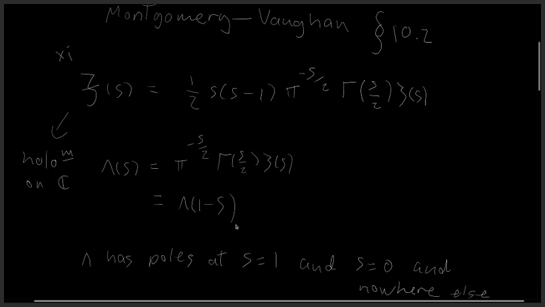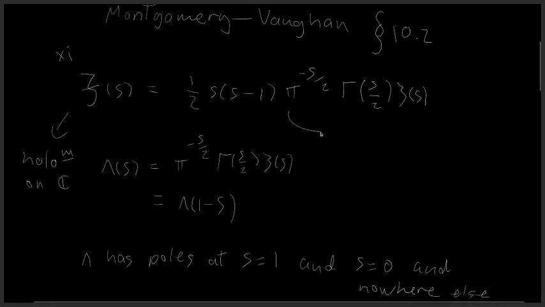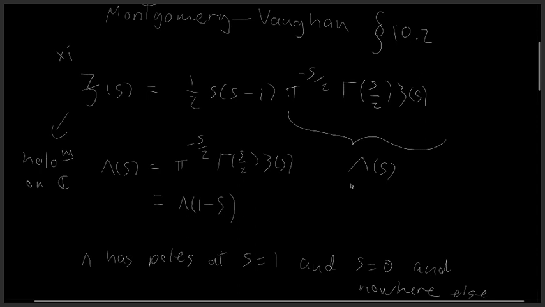And so the Riemann xi function also is important because it preserves the symmetry s goes to 1 minus s, right? You can see that this part here, this is your completed zeta function, lambda. So that's symmetric under s goes to 1 minus s. And then, of course, this piece here is also symmetric under s goes to 1 minus s.